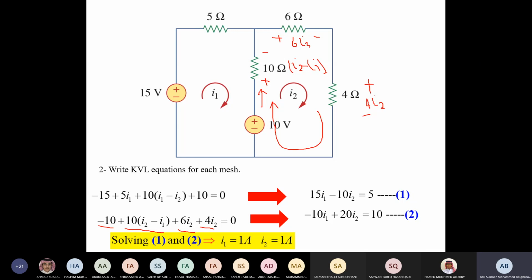Okay, now if you recall, when we studied nodal analysis, we faced a problem when we had a voltage source connected between a non-reference node and a reference.